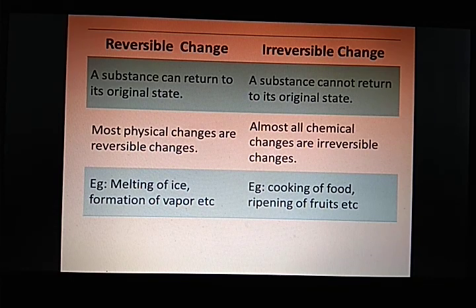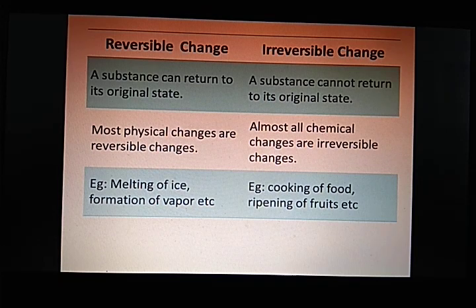So we started with solid water, we are getting back the solid water, and if the physical property of the solid water before and after the change, and the chemical property of the solid water before and after the change, show no difference, then definitely we will say that process is a reversible change.